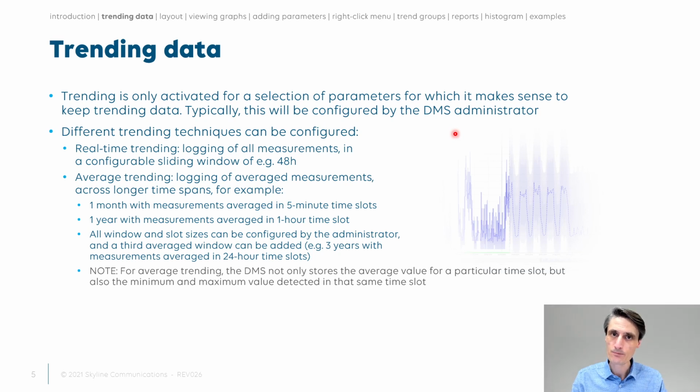Next to that, we have two choices when activating the trending on a parameter. We have the real-time and we have the average. The real-time trending is typically a smaller window of 1 day, 2 days, or maybe up to a week, where you basically track all the changes that we detect on this parameter.